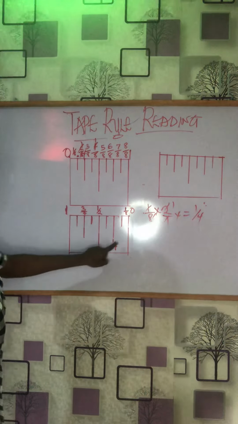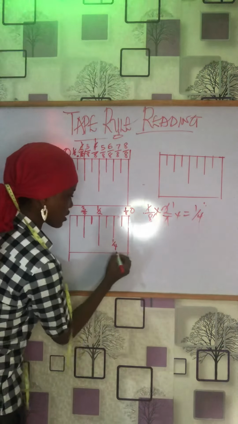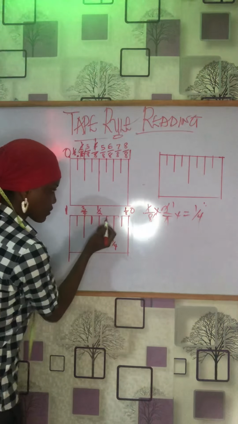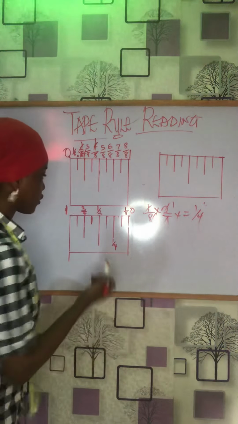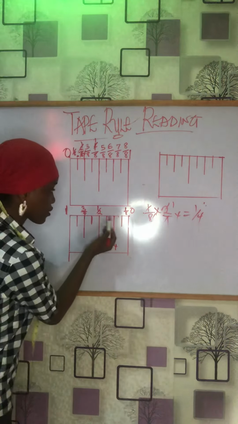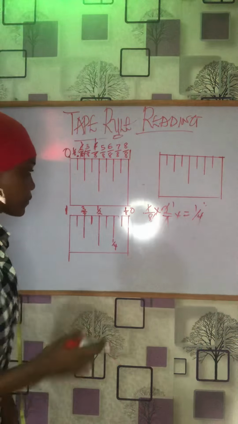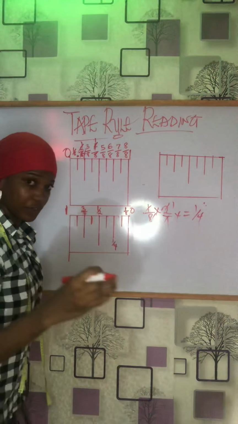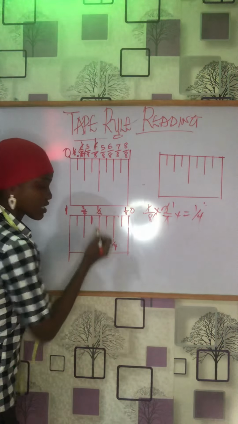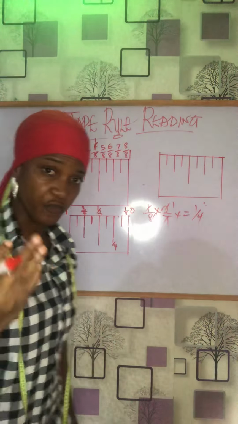From this point to this point is 1/4. Now let's move. From this point to this point is another 1/4, right? From this point to this point is 1/8. I'm so sorry. Now that is another 1/8, making 3 1/8, right? Now from this point to this point is 1/8, making 4 1/8.